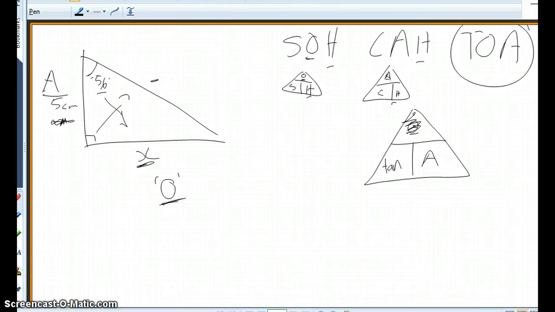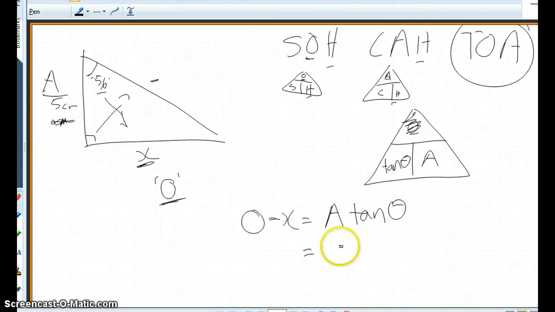Or you can just cover it up with your hand, and you end up having the tan of the angle multiplied by the adjacent side. Okay, so the answer to O, which is equal to X by the way, is A times tan of the angle. In real terms, it is 5 times tan of 56.